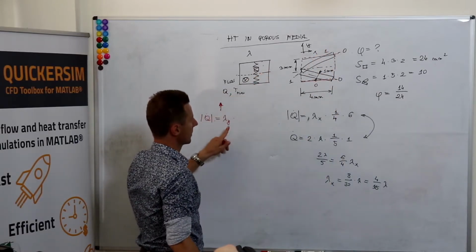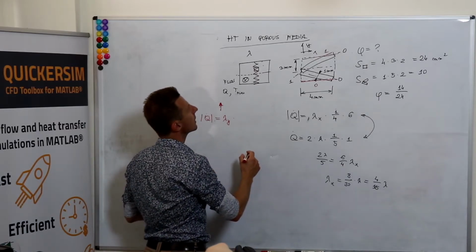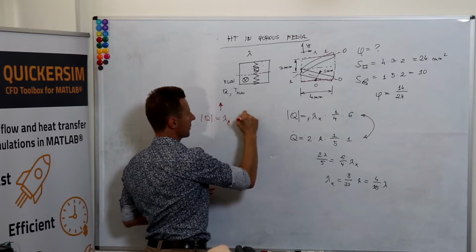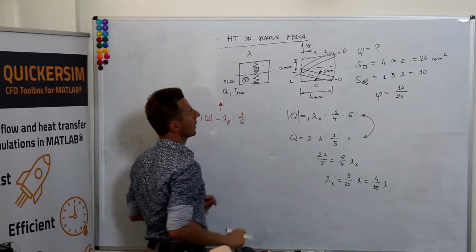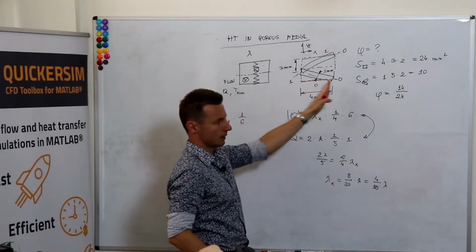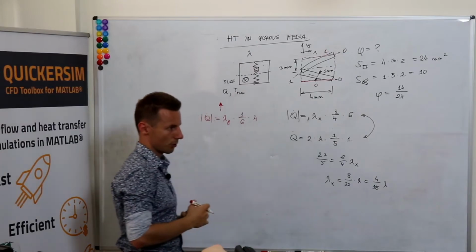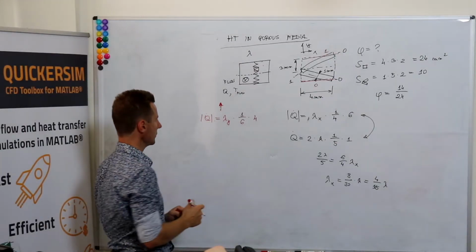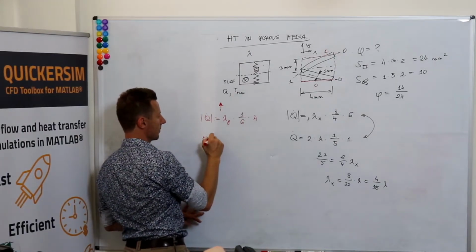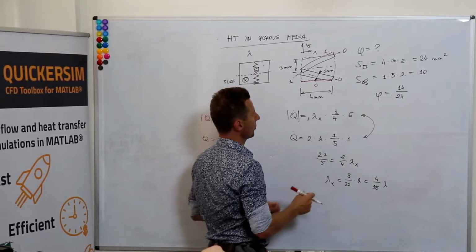The distance is 6. The temperature difference is again 1 times surface area. Surface area is 4, right?